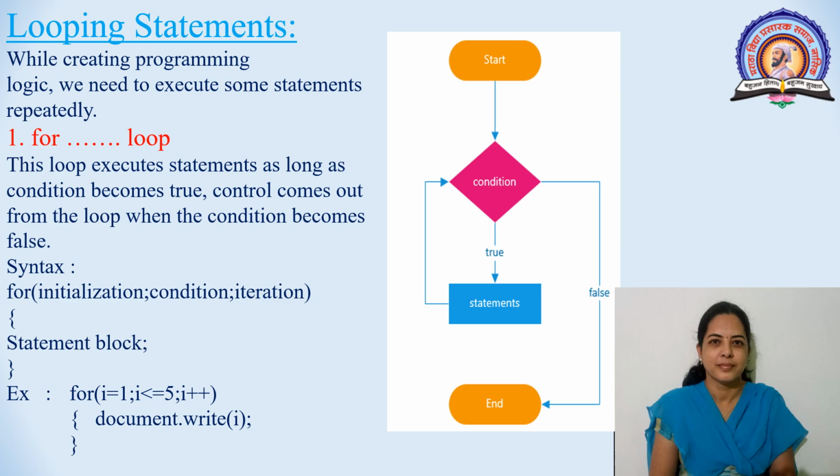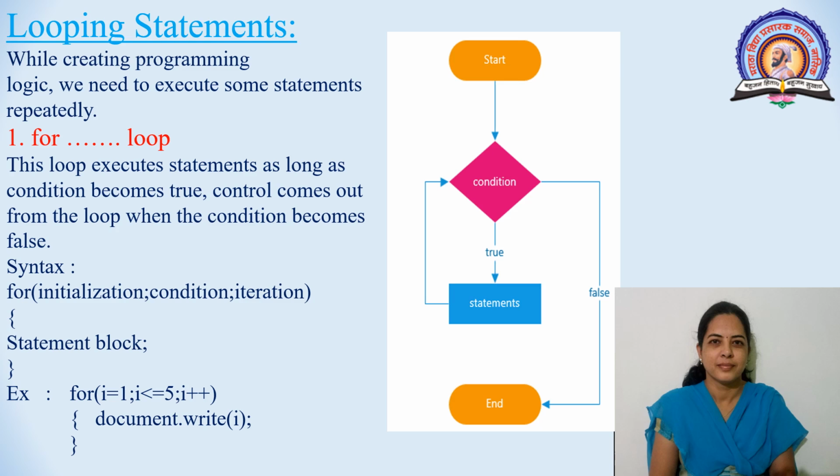Here is the syntax: for, in bracket initialization semicolon condition semicolon iteration, then curly bracket, statement block and closing curly bracket. Here you can see the flow chart. First we have to write the for.